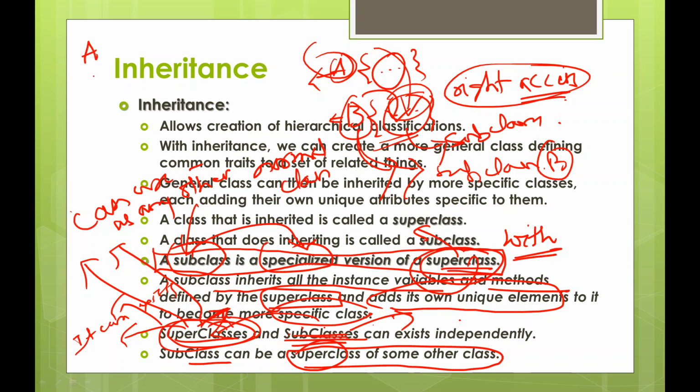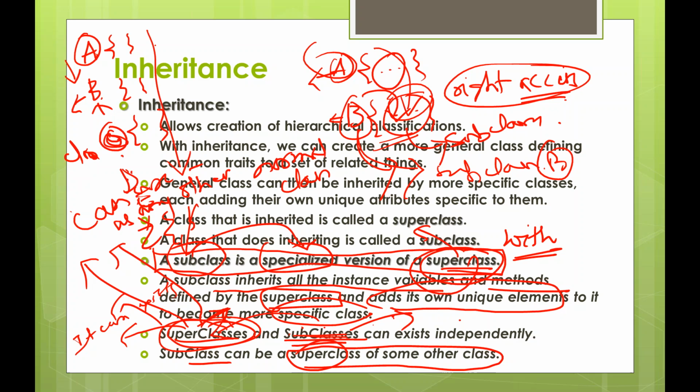Say, for example, I have class A and class B. Assume B inherits A, so A is the superclass of B. There is another class C whose superclass is B. So B can be a superclass of C, and this can go on up to Z. The superclass of D is C, the superclass of E is D, the superclass of Z is Y. Any level is possible.